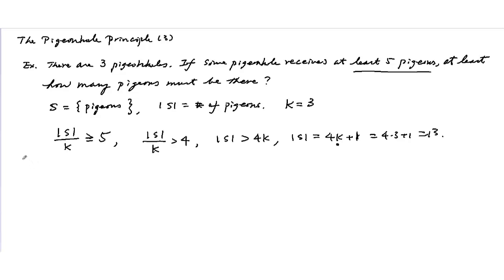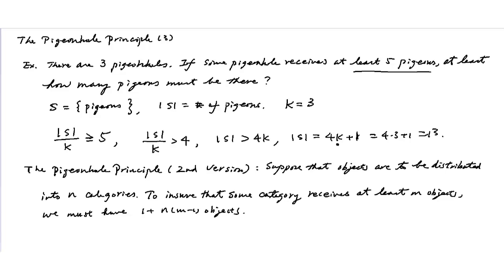For this version of the Pigeonhole Principle, we can state a general statement. Here's the second version. The Pigeonhole Principle, second version: suppose that objects are to be distributed into n categories. To ensure that some category receives at least m objects, we must have 1 plus n times m minus 1 objects.